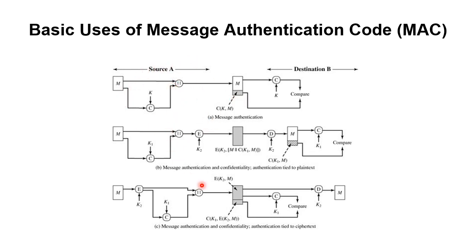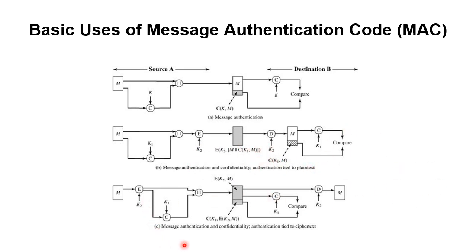So I am taking a measure here: I am encrypting the entire content. If any third party compromises the network, he will not be able to see the original message, that is the plain text. He will have only the encrypted form of the text along with the MAC. That is the advantage here.